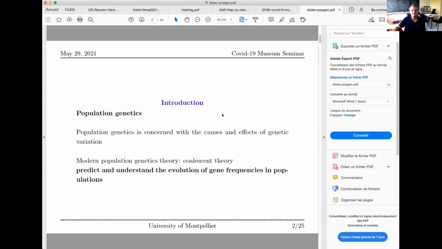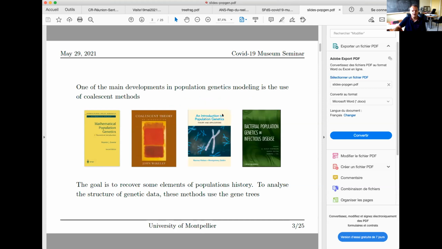Population genetics is concerned with the causes and effects of genetic variation. We have a modern genetics theory, which is coalescence theory, and the goal is to predict and understand the evolution of gene frequency in populations, to recover some elements of the population history and to analyze the structure of genetic data.